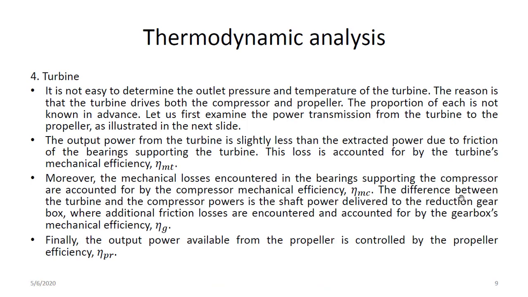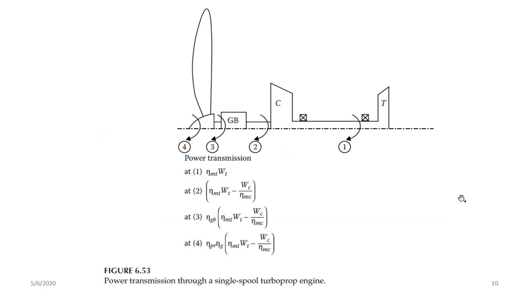This is what this slide is trying to explain. So eta mt is the mechanical efficiency of the turbine, eta mc is the mechanical efficiency of the compressor, and eta g is the efficiency of the gearbox. And the propeller efficiency is given by PR.